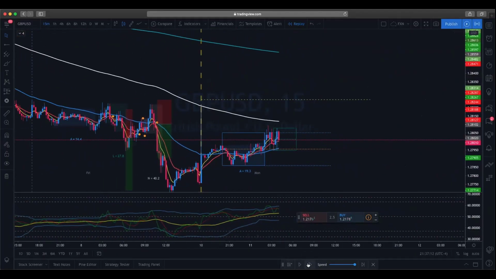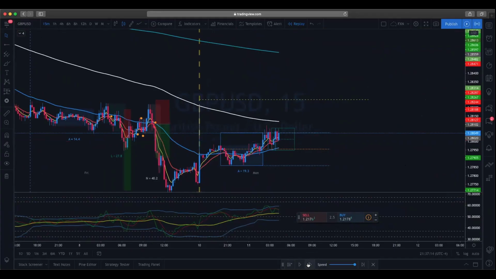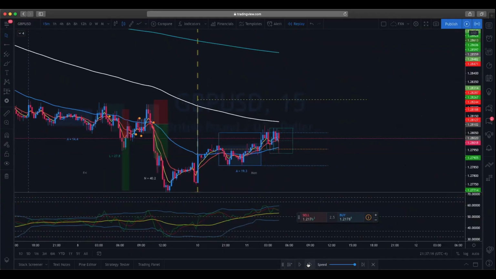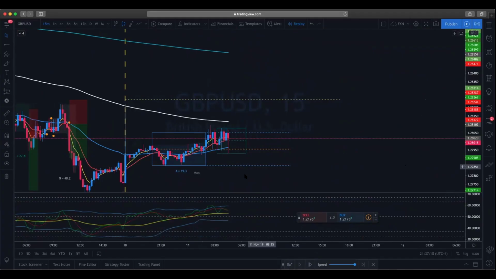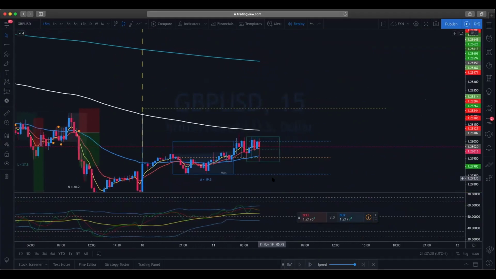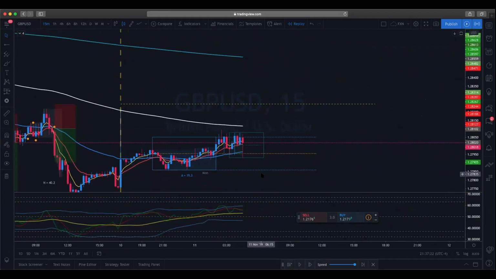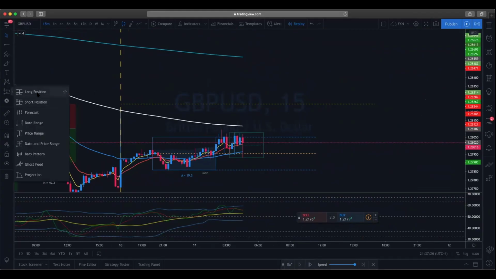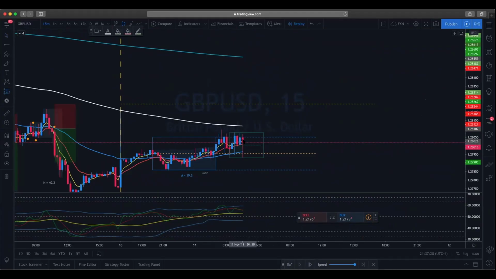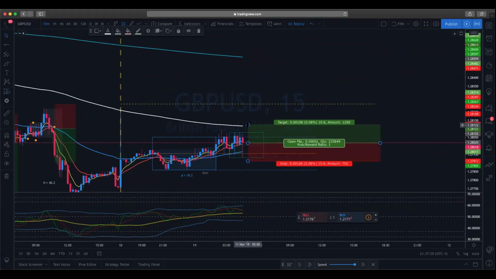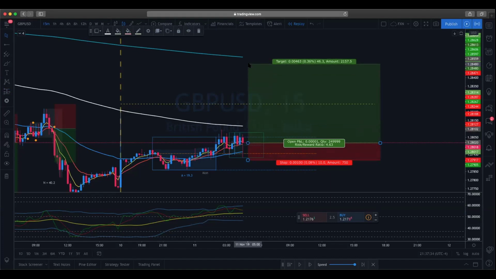So if that's the case, you see that pin bar right there? Come on, man. It'd be great if you had... I don't know if it'll make it that high.